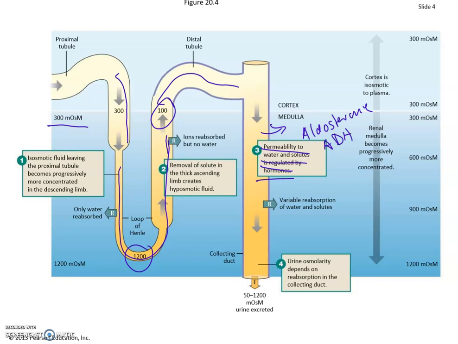So depending on the hormone status, you get various reabsorption rates right here, and you will concentrate the urine to anywhere between 50 to 1200 milliosmoles. So 1200 being very highly concentrated urine, and 50 milliosmoles is near water, depending on what your body needs and how much fluid you have available for excretion.